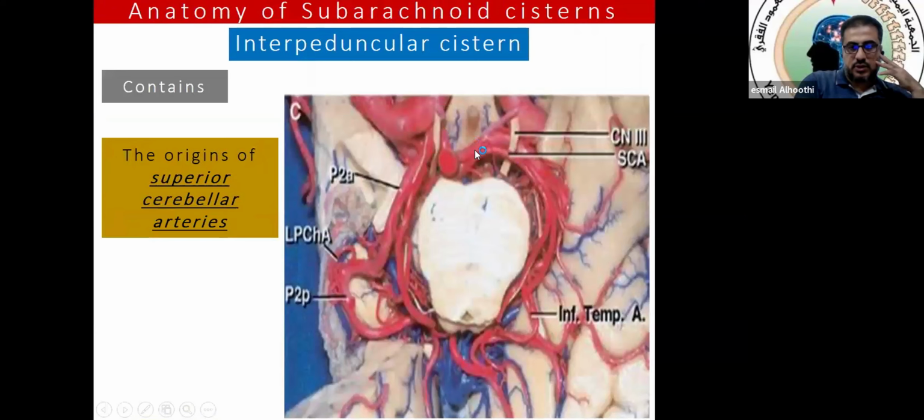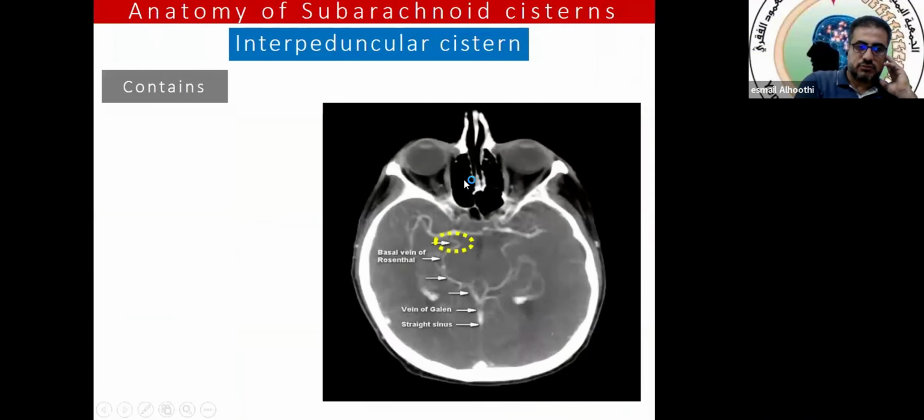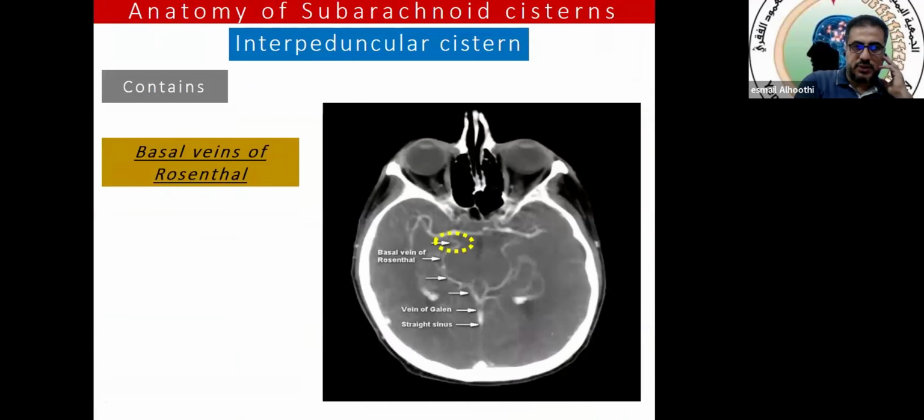Here, as you see, the origin of the superior cerebellar artery and the bifurcation of the basilar artery. Also, one of the contents of the interpeduncular cistern is the basal vein of Rosenthal, as you see in this CT angio.